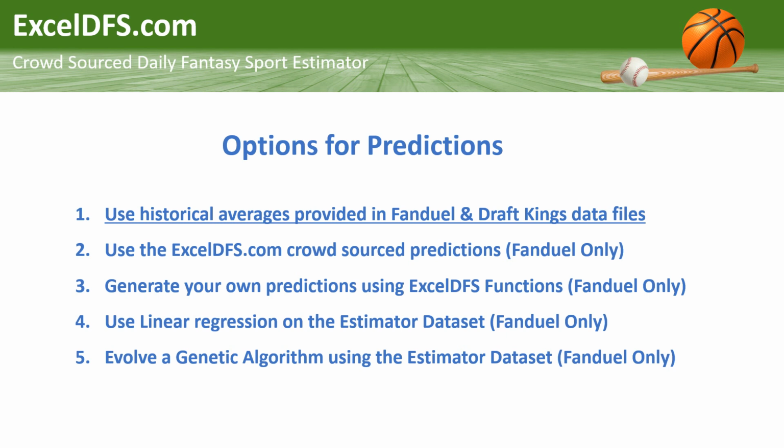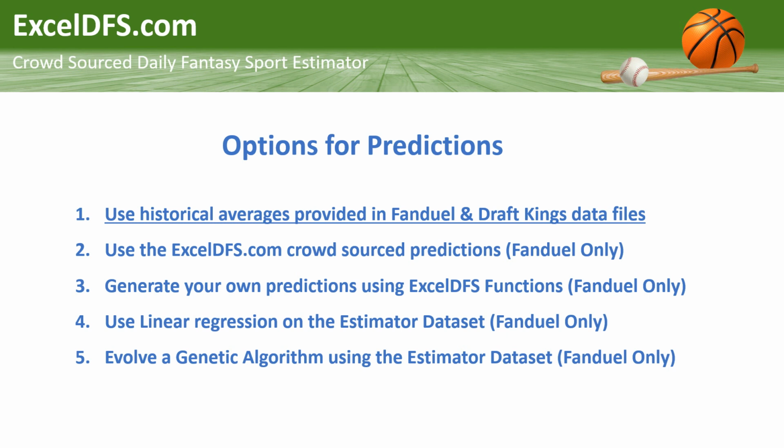So we've already dealt with that in the quick start guide, and incidentally, everything else beyond this point is FanDuel only. This system is relatively new at the moment. If it becomes popular and there's a demand for it, we'll expand it to DraftKings and others. But at this moment in time, it's just FanDuel.